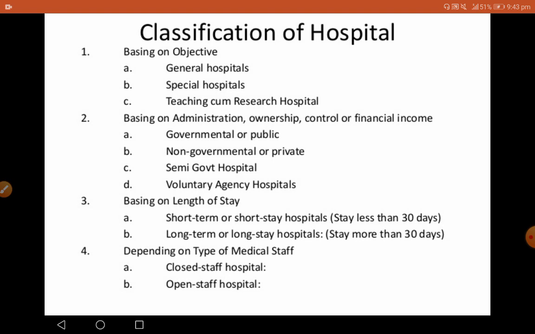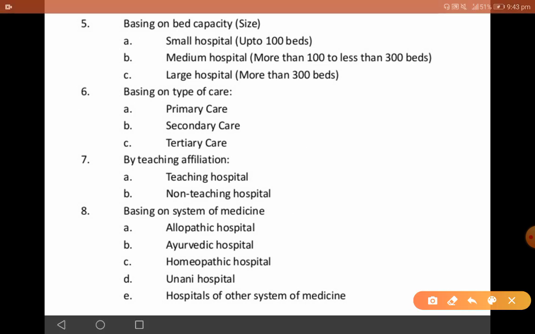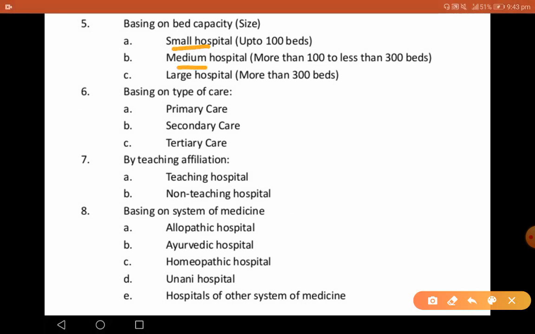The next criterion is based on bed capacity. Based on bed capacity, hospitals are classified into small, medium and large. Small hospitals have up to 100 beds. Medium hospitals have a bed strength in between 100 and 300, but less than 300. In large hospitals the bed number should be more than 300.